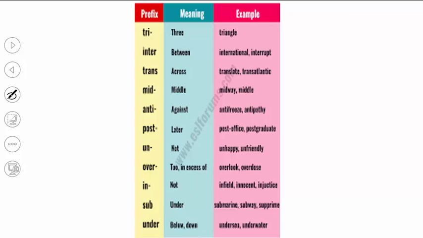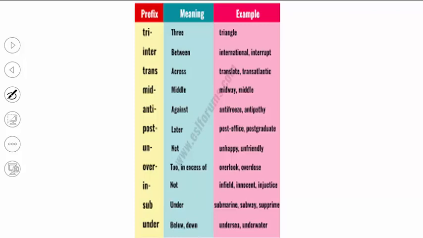So between. Trans, across. Mid means middle. Anti means against. So these are some more examples.